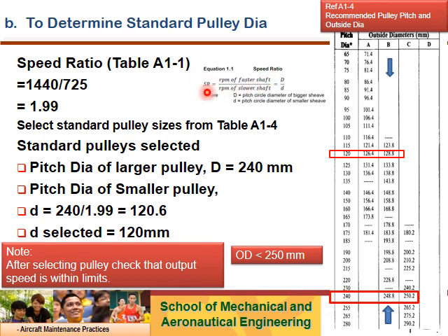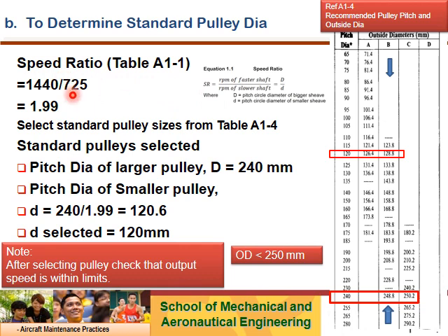You will see the speed ratio SR. SR refers to speed ratio, which is the RPM of the faster shaft divided by the RPM of the slower shaft, and is also equal to big D over small d, where big D is the pitch circle diameter of the bigger sheave, and small d is the pitch circle diameter of the smaller sheave. Do take note that it is the pitch circle diameter, not the outside diameter. For the calculation, we are very interested in the pitch circle diameter.